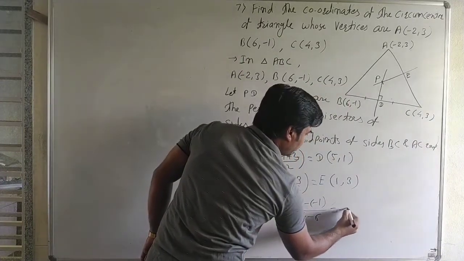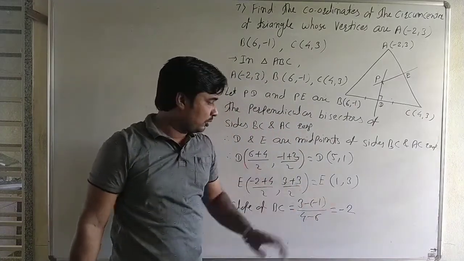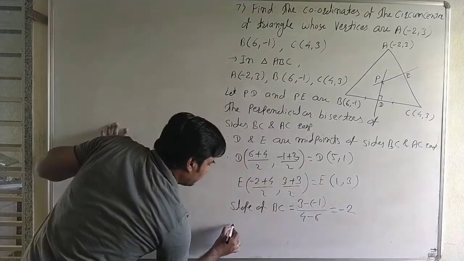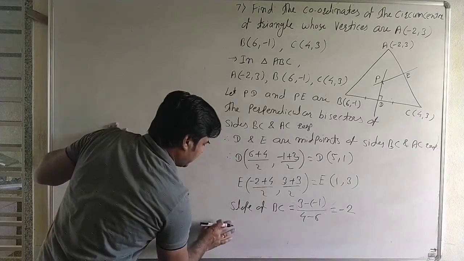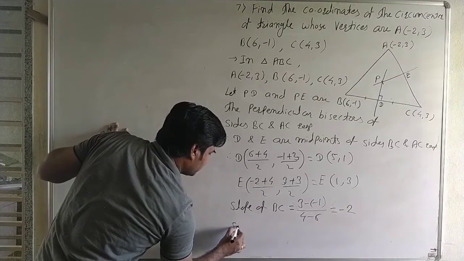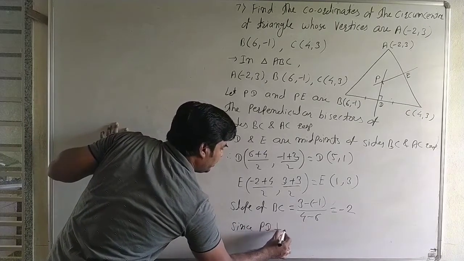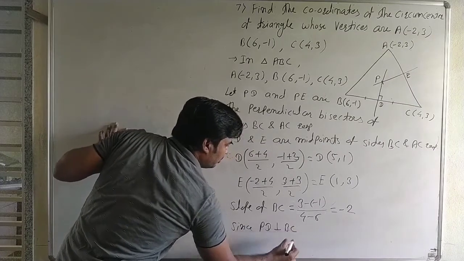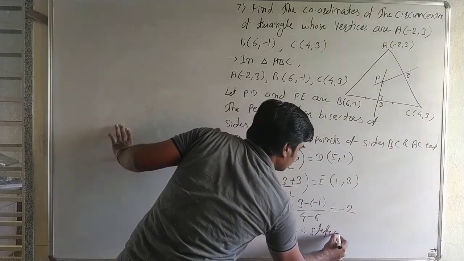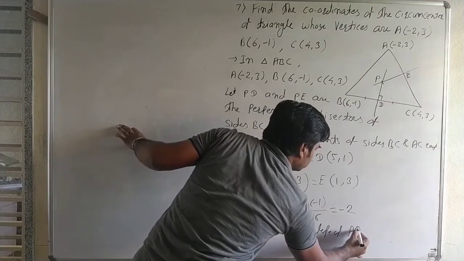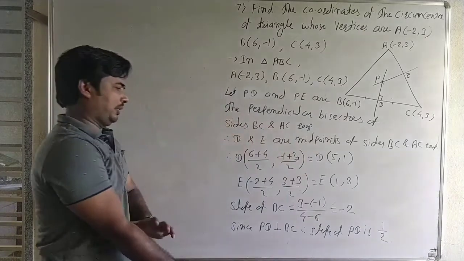Since PD is perpendicular to BC, the slope of PD is 1 by 2.